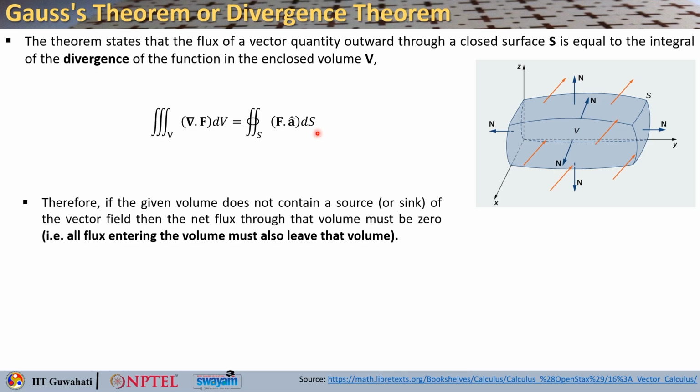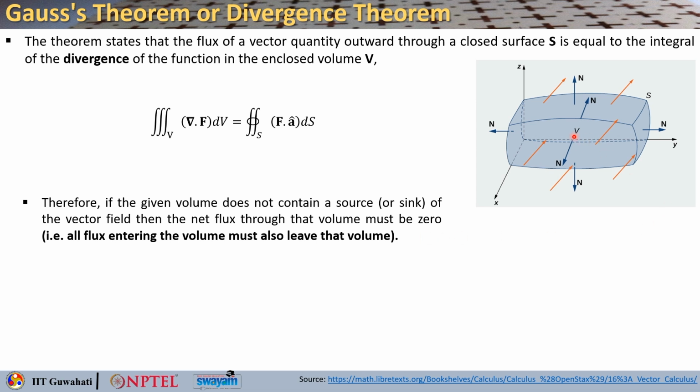This closed surface is basically enclosing a volume V. So, you can say if the given volume does not contain a source or a sink of the vector field, then the net flux through that volume must be 0, right.